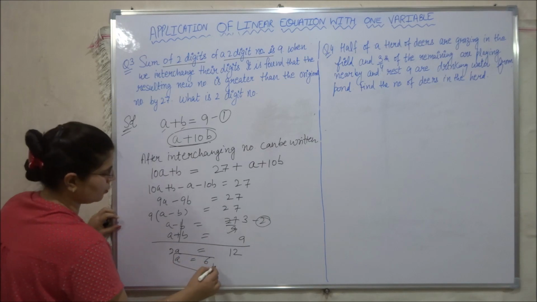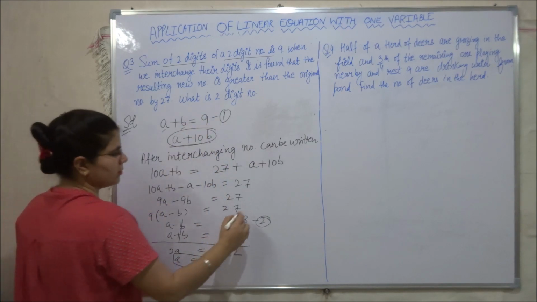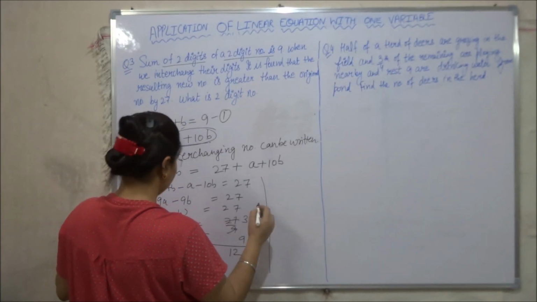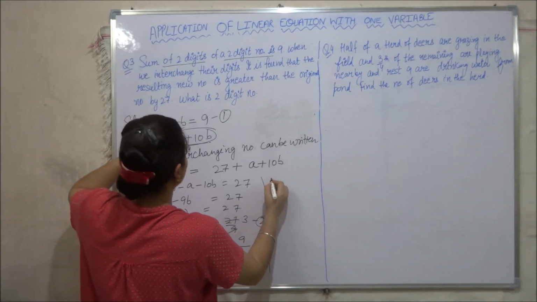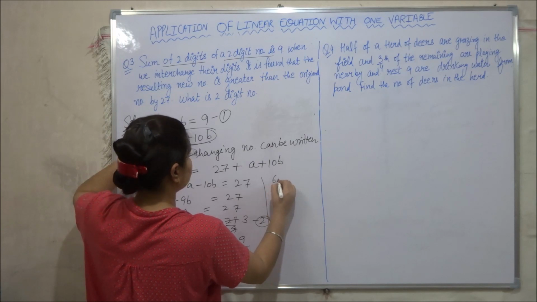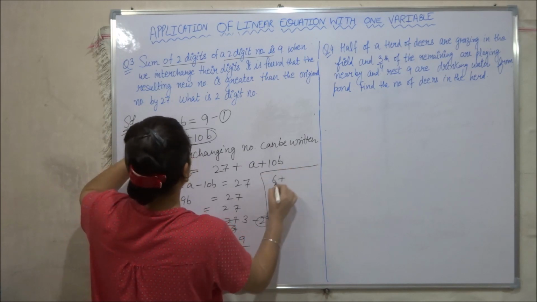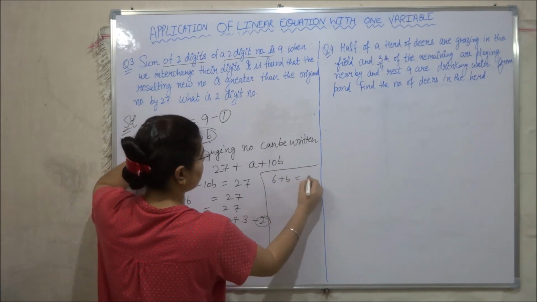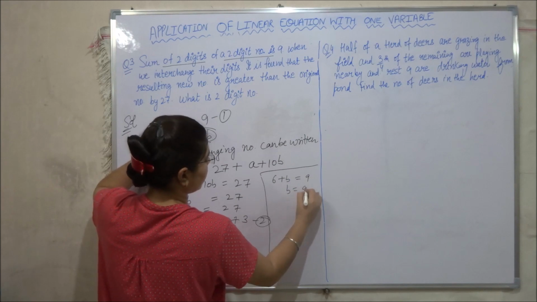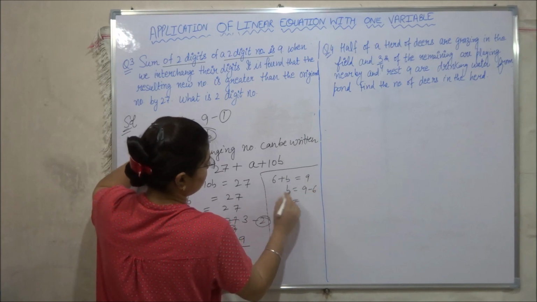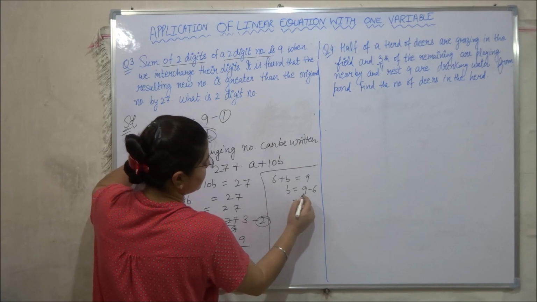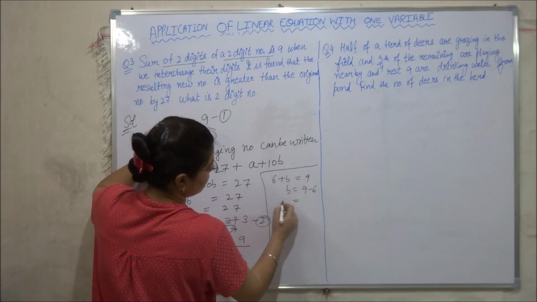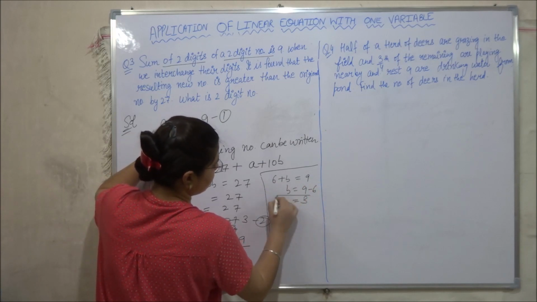Now put this value of a in first equation. A is 6 plus b, that will be equal to 9, and b equal to 9 minus 6. Taking 6 to the right hand side, so value of b will be 3.